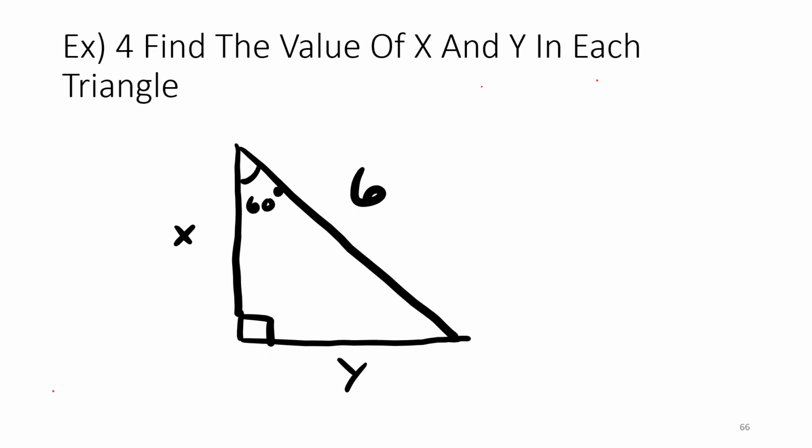So let's see. We have an angle 60, we have an unknown leg, which we have to find. And then y is also another leg, right? So this time they give us the hypotenuse of 6. So this is definitely a 30, 60, 90 triangle, right?